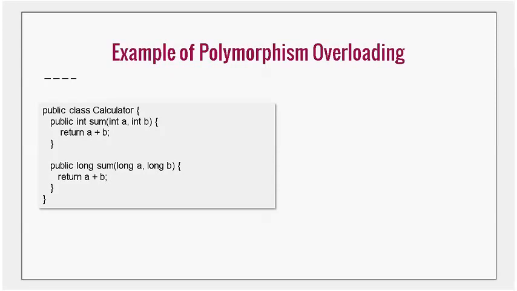And at the same time, if you call the sum method with two long parameters, Java will automatically bind that to the second sum method which acts on long primitives. So this is a kind of overloading. That means dynamically the right method is used for calculating the sum of two numbers.